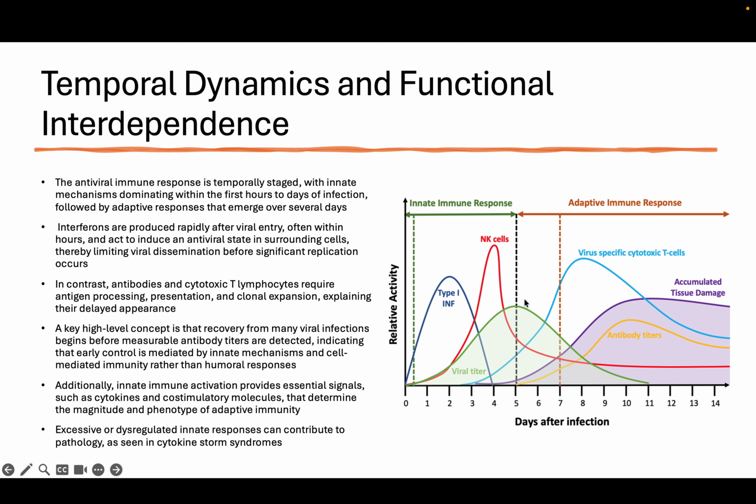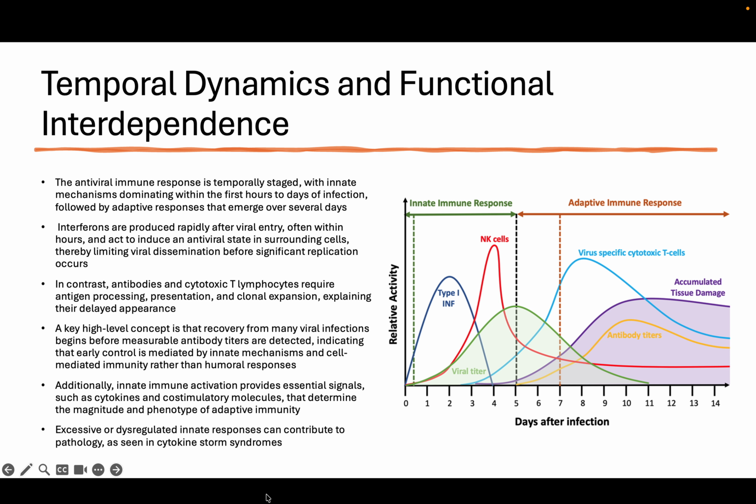As we said, it's a lot the cytokines and chemokines coming from your innate responses that help determine the magnitude and phenotype of this adaptive immunity. It really shapes our adaptive immune responses. But sometimes too much innate response, like in chronic viral infections, the ones that go on for long times, or hyperacute infections, meaning extremely high activation of your innate immune system, can be very toxic.